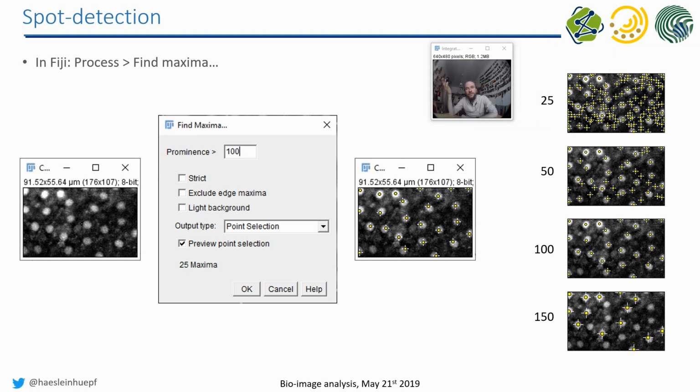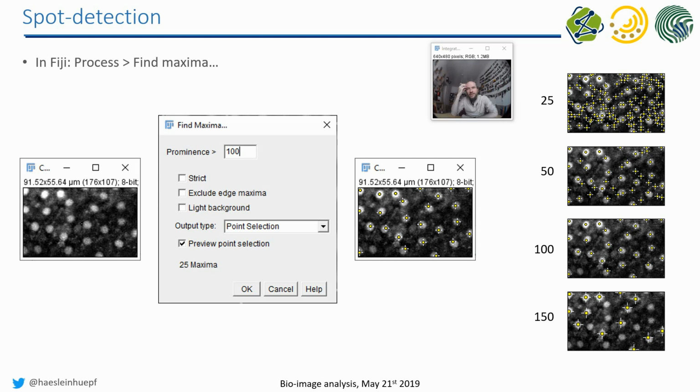So there are now two strategies for how you can deal with these tools. You can sit there, turn on the preview point selection checkbox, and enter different values that might work immediately. And if you use the same value for all the images you want to process, that should be fine. If you cannot find a good value immediately like this, then it may make sense to draw a line or a couple of lines in your image, draw this plot along the line, and find out how the image is actually looking and how the intensities are.